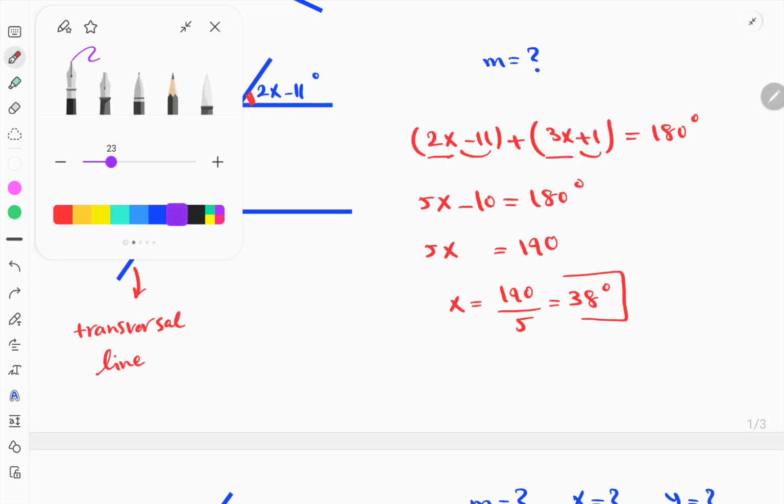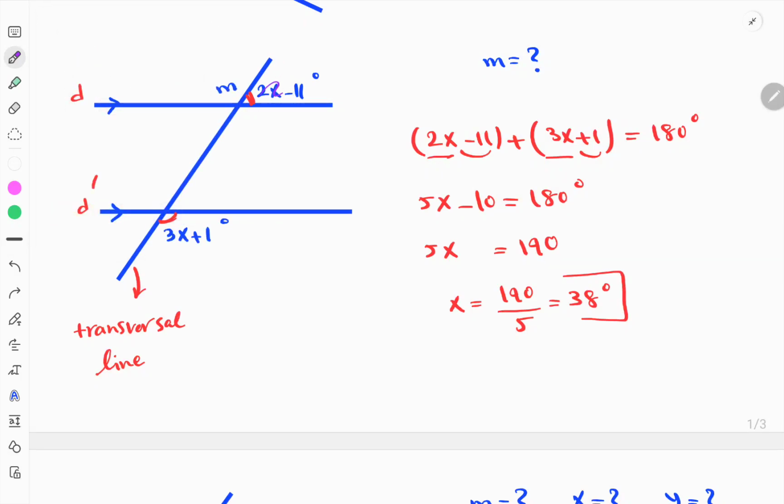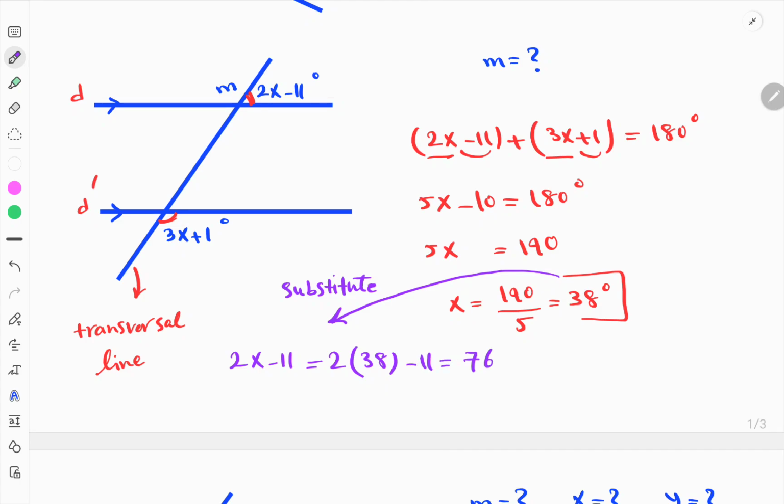Okay, let me find the value of 2x minus 11, this part of this angle. So 2x minus 11, you just need to substitute x with 38, 2 times 38. So let me write substitute 38 for x, 76 minus 11 is 65 degrees.